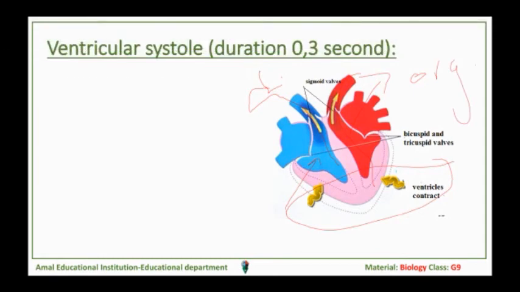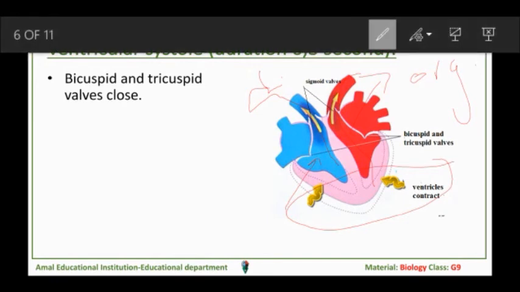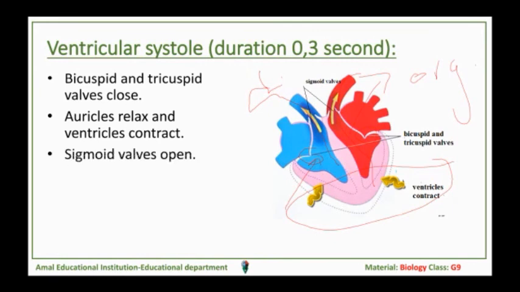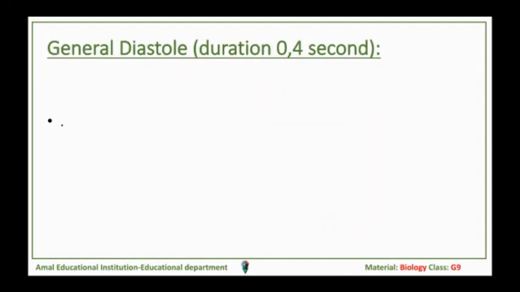So the bicuspid and the tricuspid close. For sure, there's no need now for these valves. What's needed to open is the sigmoid. Auricles relax. Now it's the turn for the ventricles to contract. The sigmoid valve is open to permit the passage of blood from ventricles to the arteries. So as I said, blood is pushed toward the arteries.